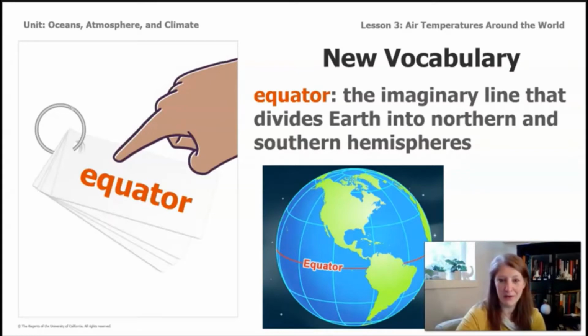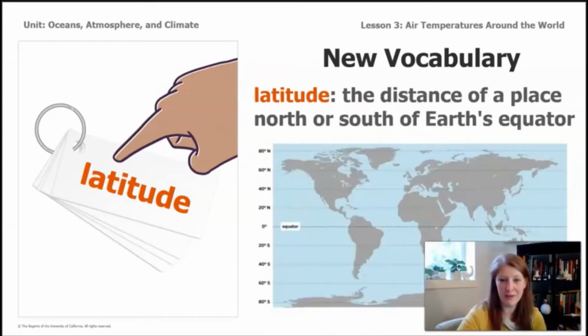Okay, so the next vocabulary word is latitude. And latitude is just how far away you are from the equator. So you can't know this word unless you know the word equator. So the definition is the distance of a place north or south of Earth's equator. And if you look at this map here, you can see that there is a line down the middle of this map that's labeled as 0 degrees, and it's also labeled as equator.